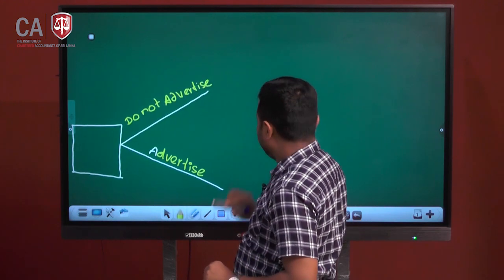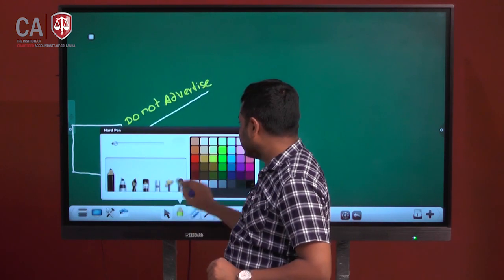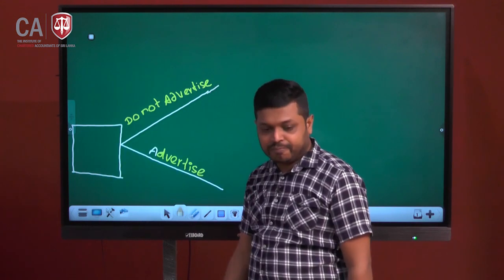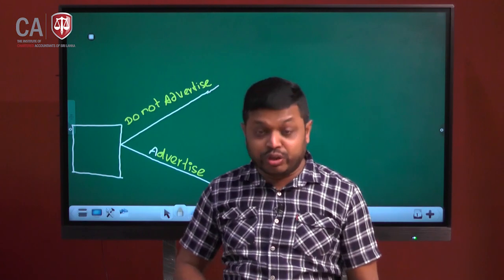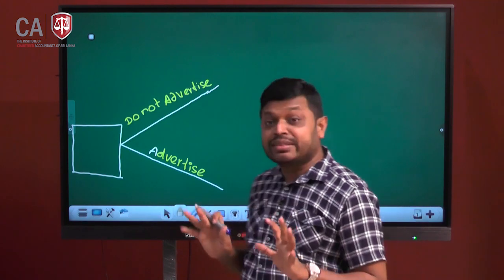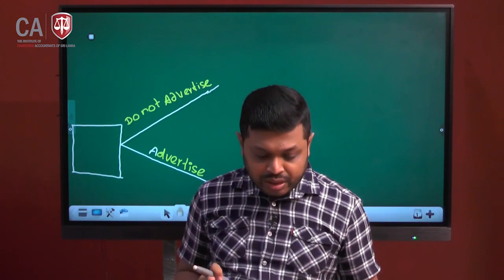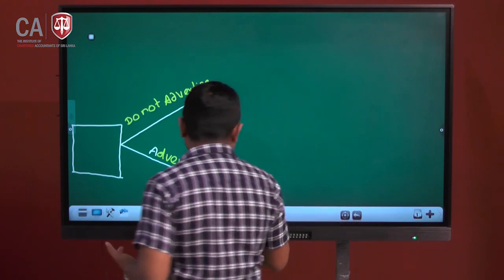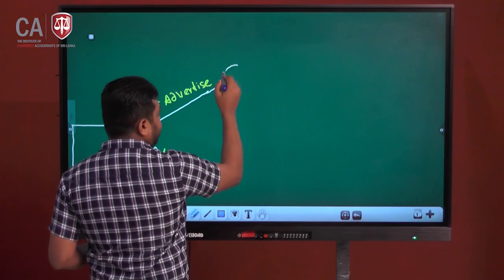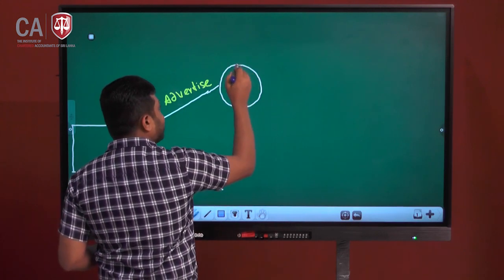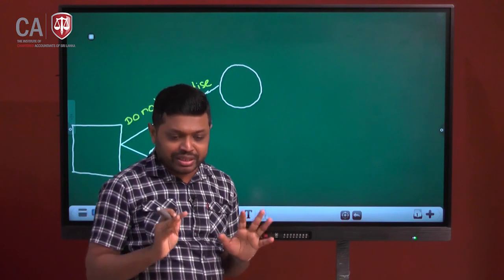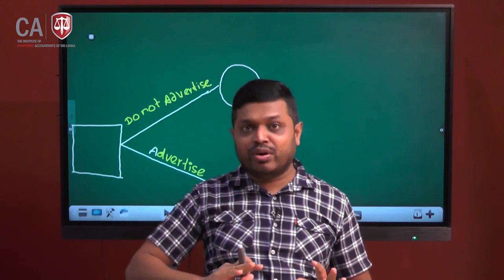If you do not advertise, that is the current arrangement, there is a possibility that the virus will be controlled. Then you have to introduce an outcome. In the suggested solution, it has included a decision point, but it is not a decision point, it is an outcome point.